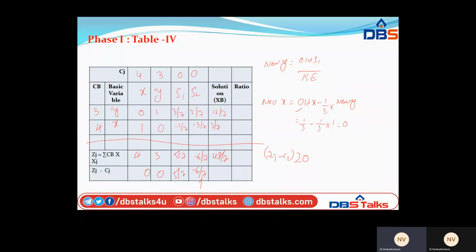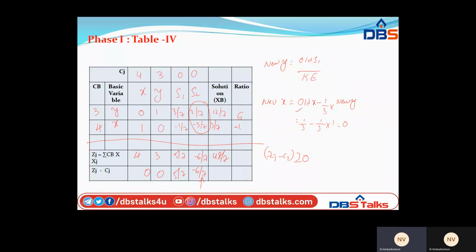So most negative, then the ratio. Here it is 0 minus 1. See here, this is the most negative in the column, but in the row we want the least positive.